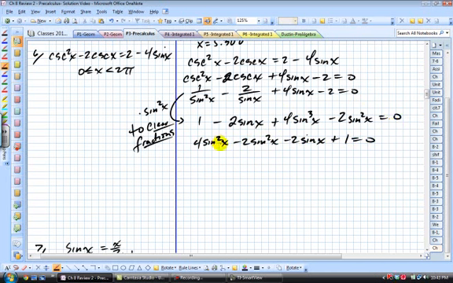Okay, this is incorrect here, so let me fix that. It's 4 sine cubed. Okay, so we're in descending order here, third degree, second degree. Oh, this is missing something here. I think I made a mistake somewhere. Where did I make it?